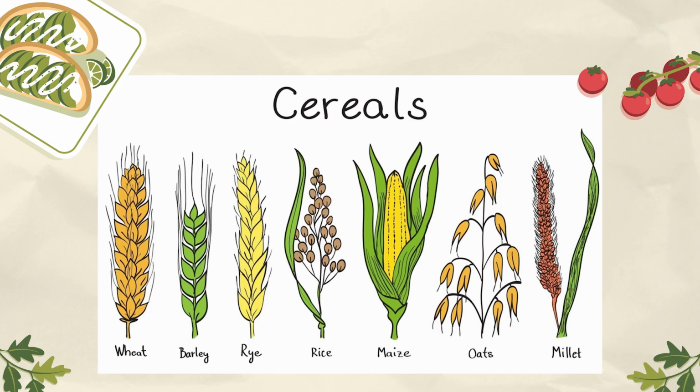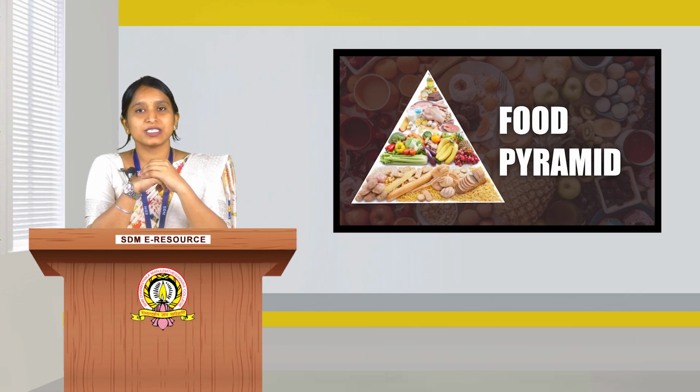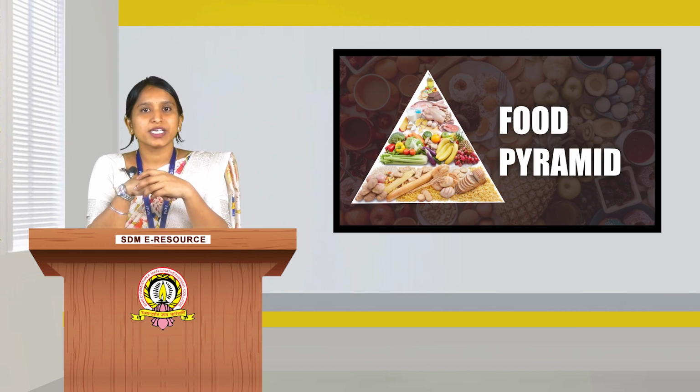Okay, let's see. See the slide here. The cereals are wheat, barley, rye, rice, maize, oats and millets. See students, as we saw, wheat is one of the cereals. What do we do with the wheat? Do we consume it raw?